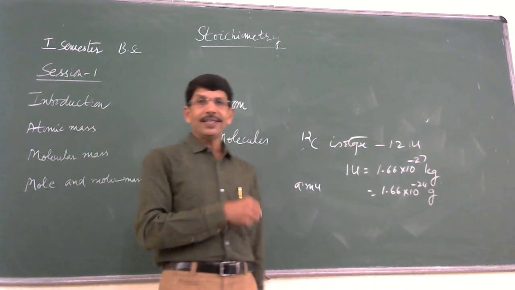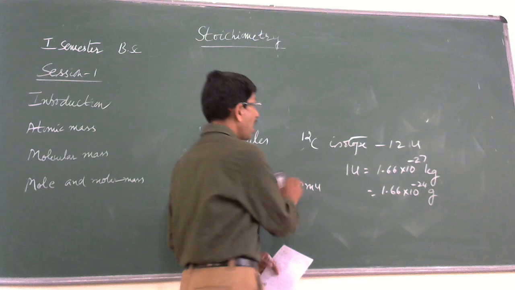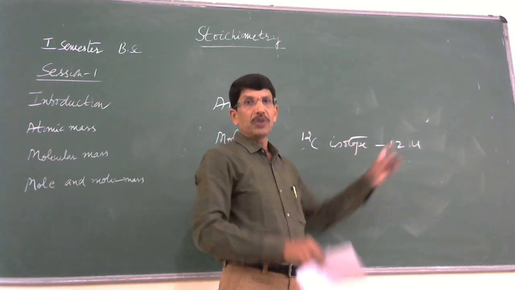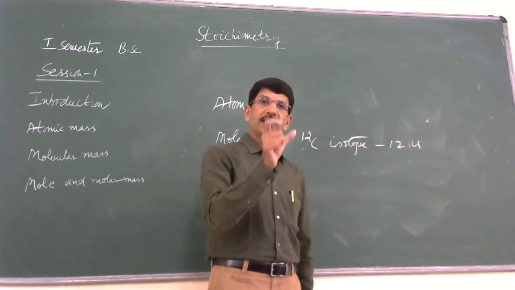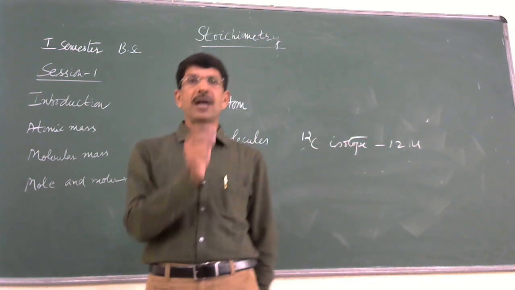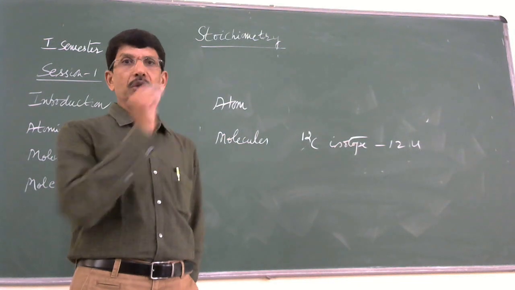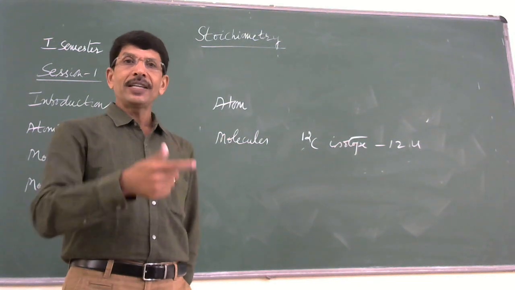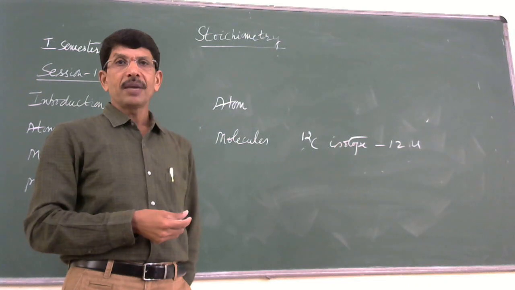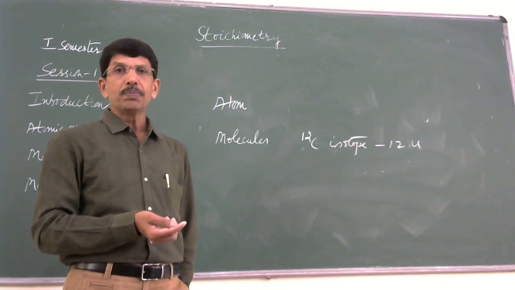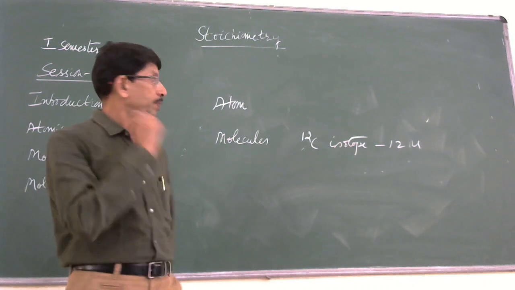So the scientists fixed the mass of carbon 12 isotope as 12 units. Assuming the mass of one atom of C12 isotope as 12 units, they tried to calculate atomic masses of all other atoms as well as masses of other molecules.